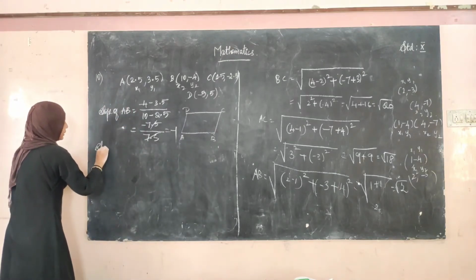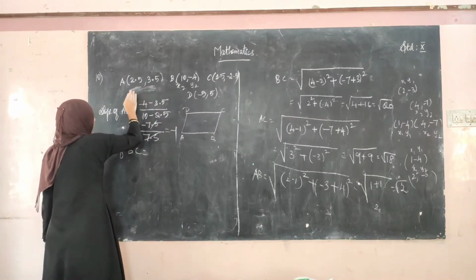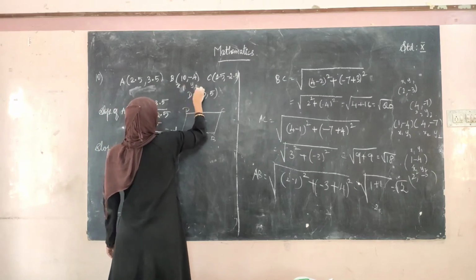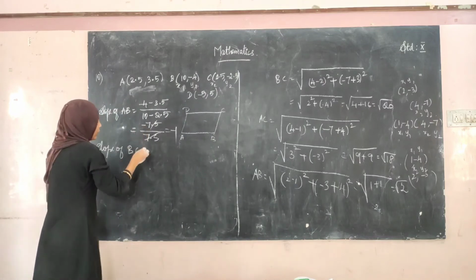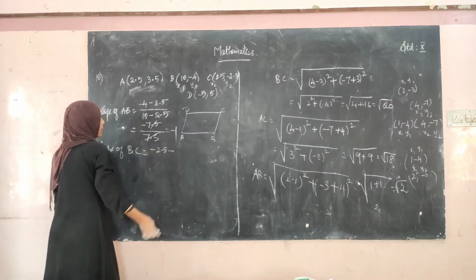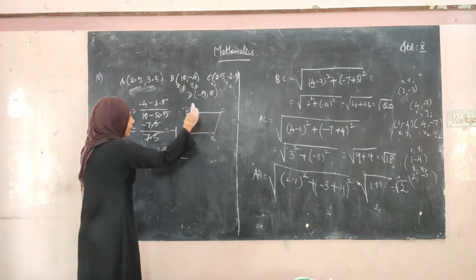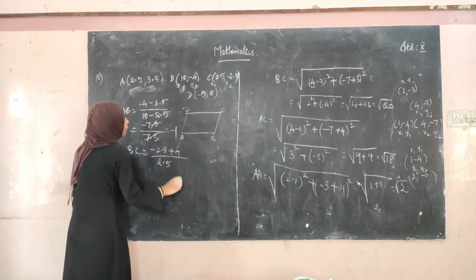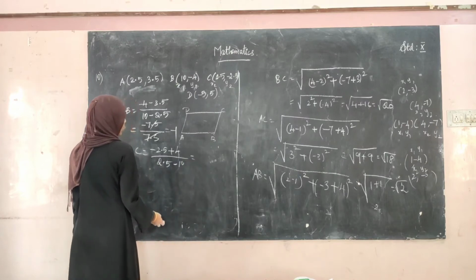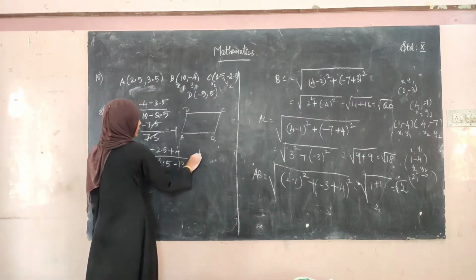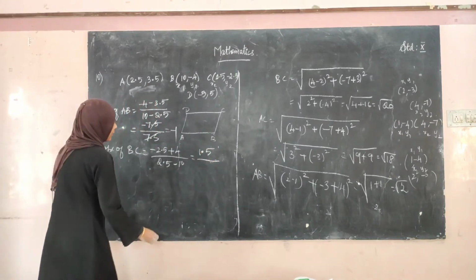Then slope of BC. Okay, so for that let us take this as x1 y1, this is x2 y2. What is y2 minus y1? y2 is minus 2.5 minus y1 is minus 4. So minus of minus 4 becomes plus 4 divided by x2 is 2.5. 2.5 minus what is x1? x1 is 10, which is equal to, so 4 minus 2.5 is 1.5 divided by 2.5 minus 10 is minus 7.5.